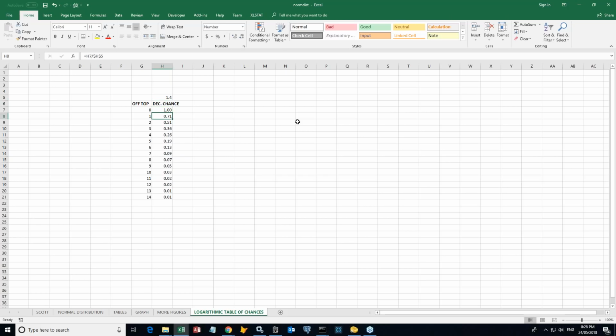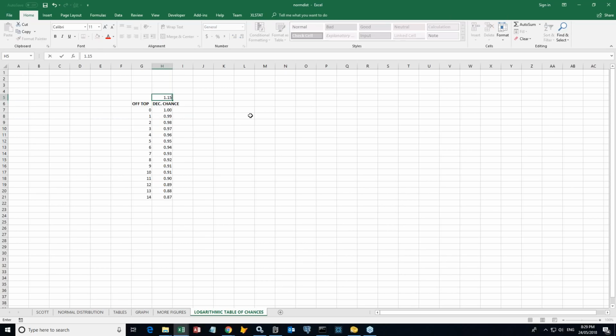For every point off top you are, as you'll see in the formula there, your chance of winning is decreased by the previous figure divided by your factor there of 1.4. If it was 1.0, that would mean you thought every horse was of an equal chance. Every horse has got a 1, because 1 divided by 1 equals 1. If you were just slightly confident, 1.01, there'd be virtually nothing going down.